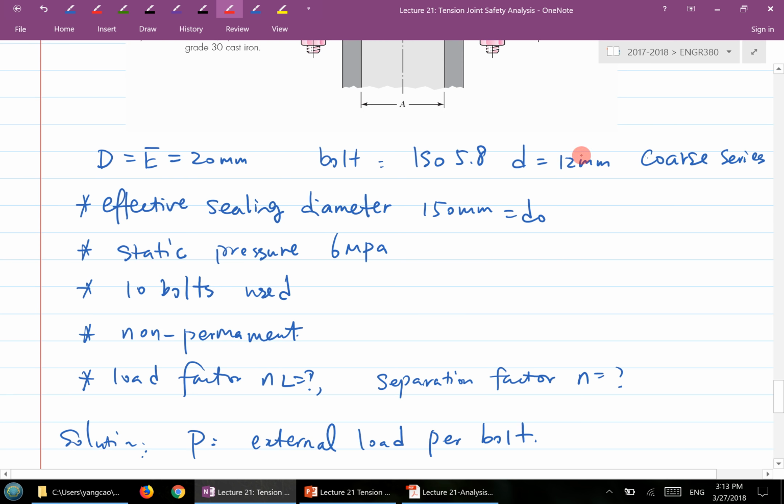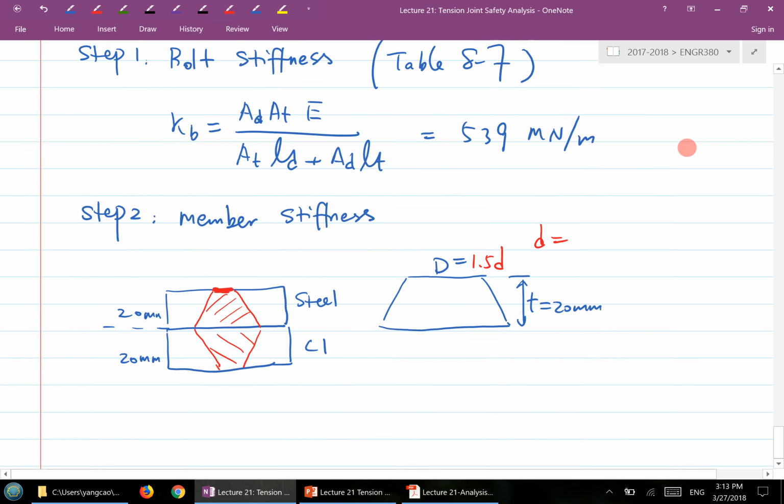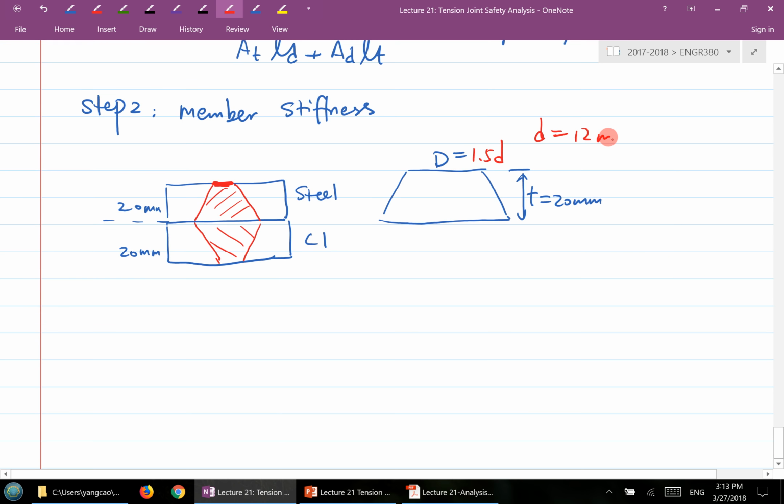Sometimes the other way I give the information for 12 millimeter is M12 times, for example, 1. That's your capital D, and this is your T here.